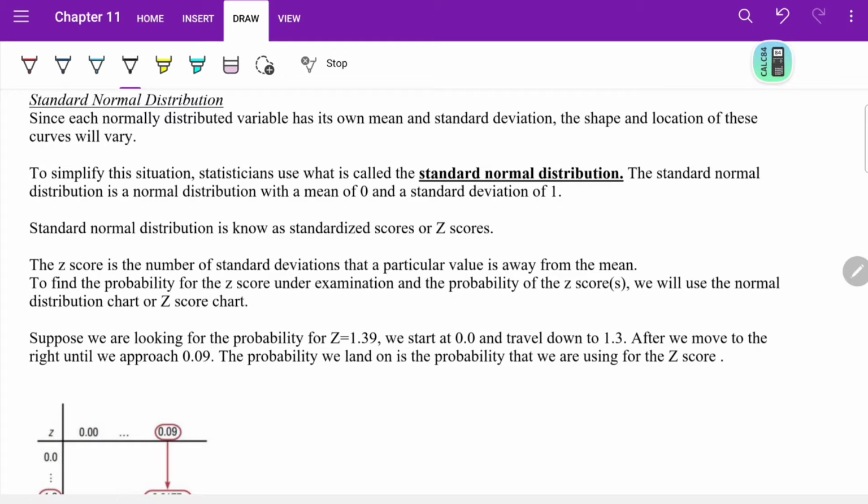The standard normal distribution is a normal distribution with a mean of 0 and a standard deviation of 1. Standard normal distributions are known as standardized scores or z-scores. A z-score is also a measure of position.